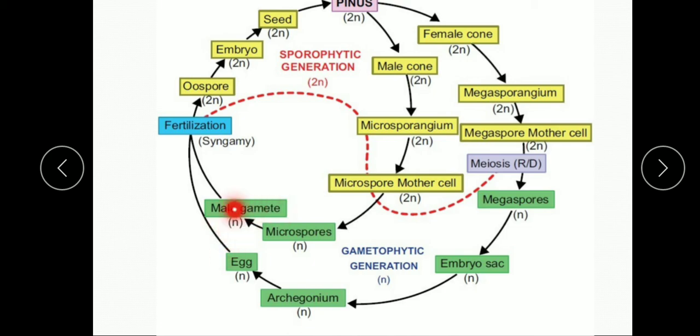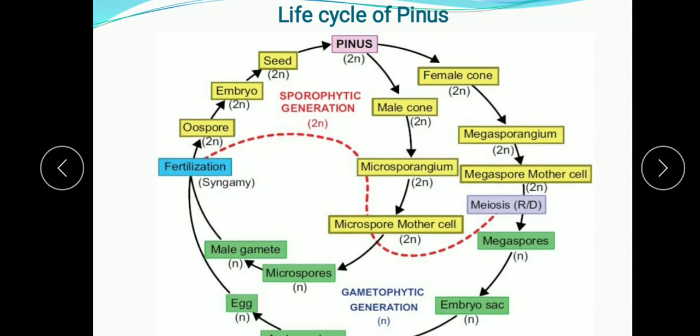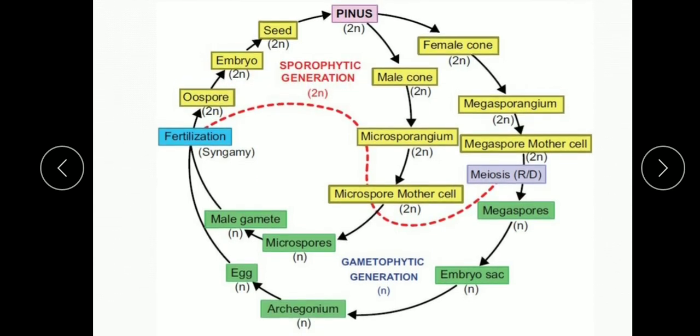So this egg and male gamete fertilize, meaning they fuse. This fusion is known as syngamy, and the fertilization takes place. Now after fertilization, the zygote is formed. You can see here this is known as the oospore, and here again the diploid condition is restored. So you see here the sporophytic generation starts here, and the gametophytic generation starts just after the formation of the haploid spores.